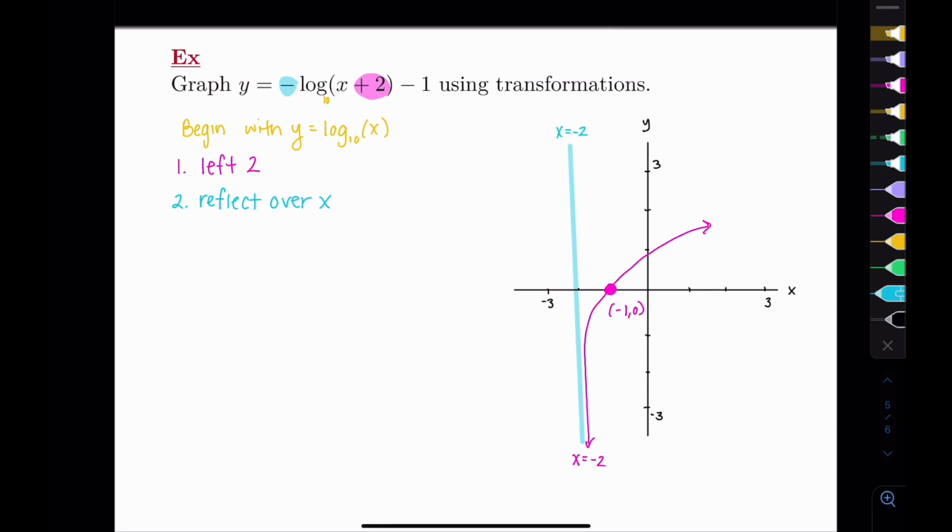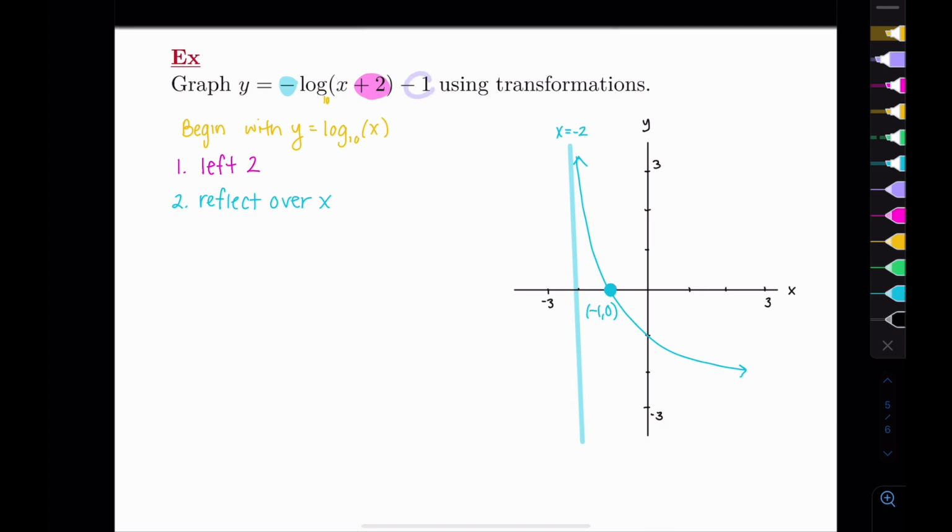My point here at -1, 0, when I flip it over the x-axis, is still going to be right there at -1, 0. And then the only thing that really changes is our graph is going to go in the opposite direction. You don't have to be an expert grapher. Do your best. I'm still keeping track of this point here at -1, 0.